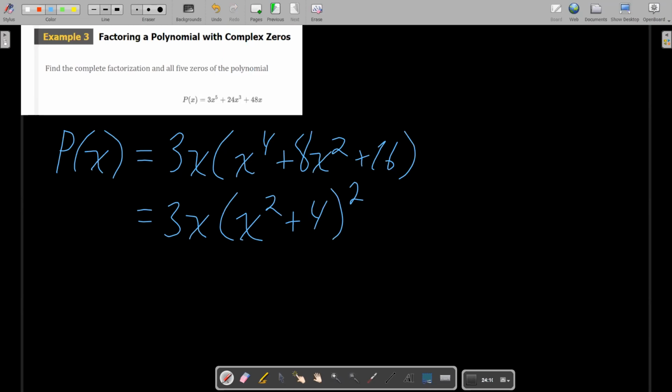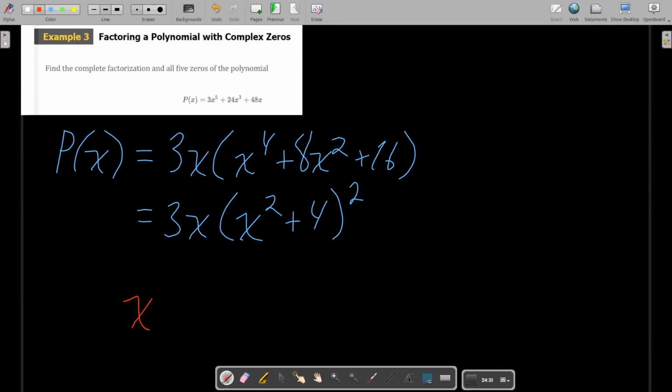Okay, so find the complete factorization and all 5 zeros of the polynomial. So the complete factorization, we're looking now at x squared plus 4 quantity squared. How would I solve that? Well, same procedure as we've done before. We would set that factor equal to 0.